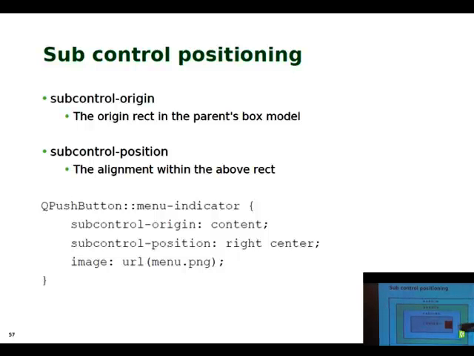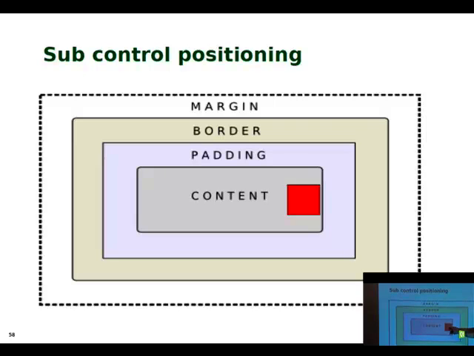Let's say that this is your combo box with some padding, border and margin, but whatever. And this is your button, and this is the menu arrow.